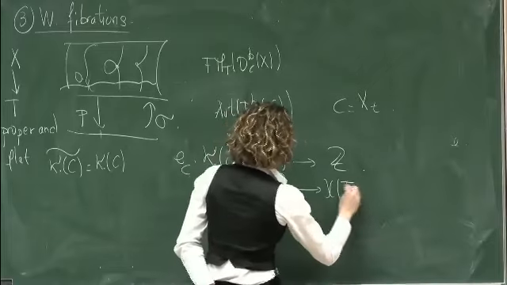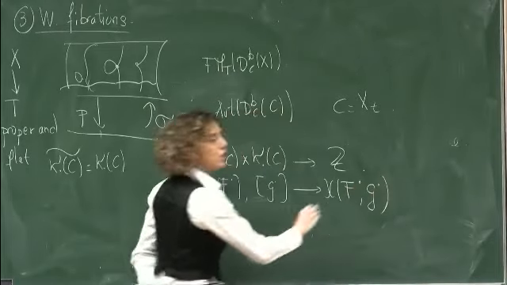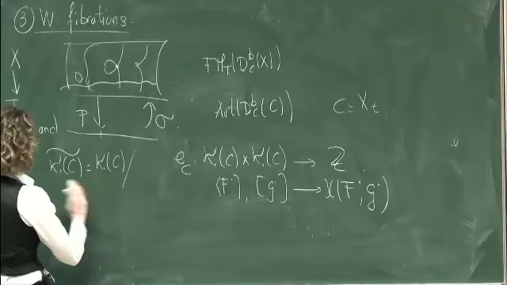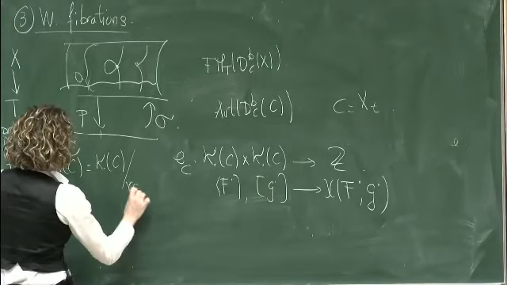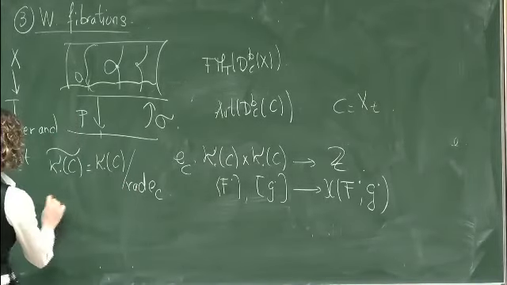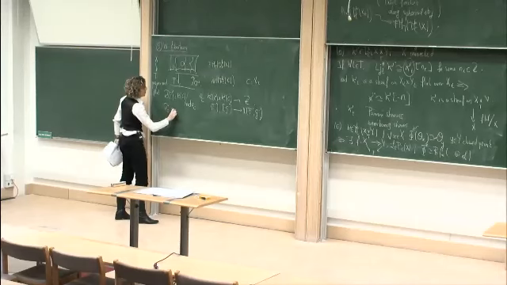So this is the Euler form of F and G. And it induces also a symplectic form when you divide by the radical of this form.